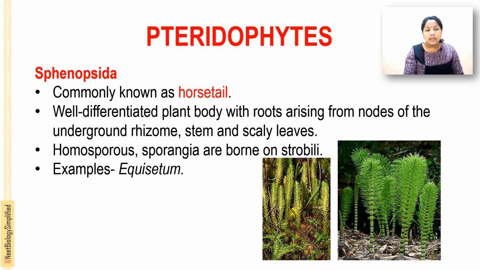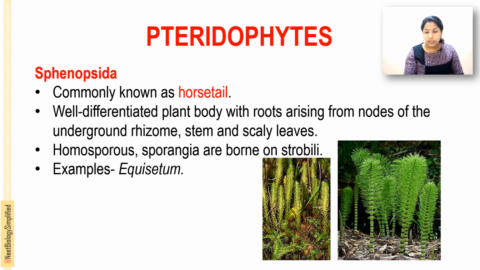Next is the Sphenopsida, known as horsetails. You can see in the picture a horsetail structure. Lycopsida are called club moss, Sphenopsida are called horsetail. They have a well differentiated plant body, with roots arising from the nodes of the underground rhizome, a stem, and scaly leaves.